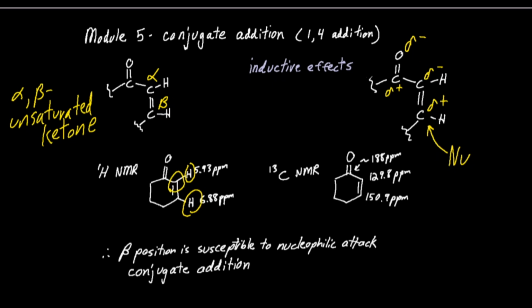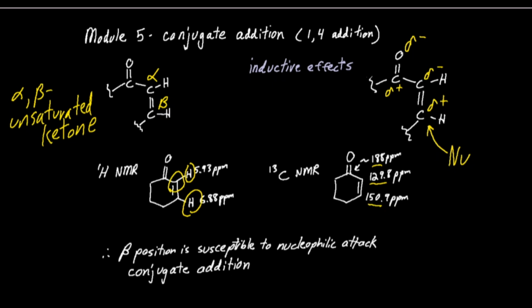It's even more obvious in the carbon NMR, where the ketone occurs at 188 ppm in this case. That's because of the unsaturation next to it, where ketones are normally at 200 ppm. We have a shielded alpha position and a deshielded beta position in the carbon NMR.